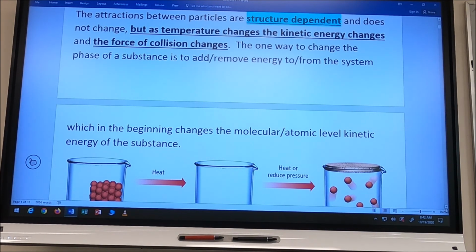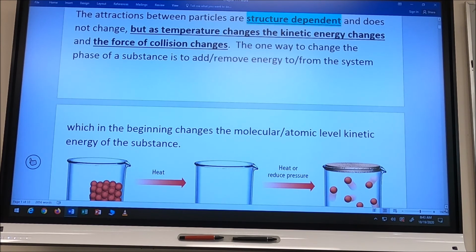So if the temperature goes up, the average kinetic energy goes up. That means the average speed of the particles goes up. That means the average force of collision goes up.